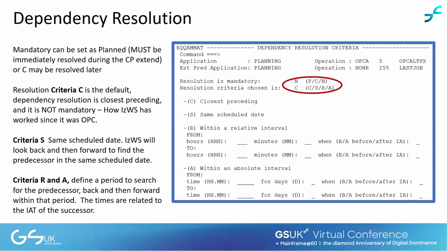So the chronologic order of occurrences just went out of the window. And it will look back within this day for the predecessor. And if it can't find it in a previous occurrence, it will look forward for it. So that can be useful.